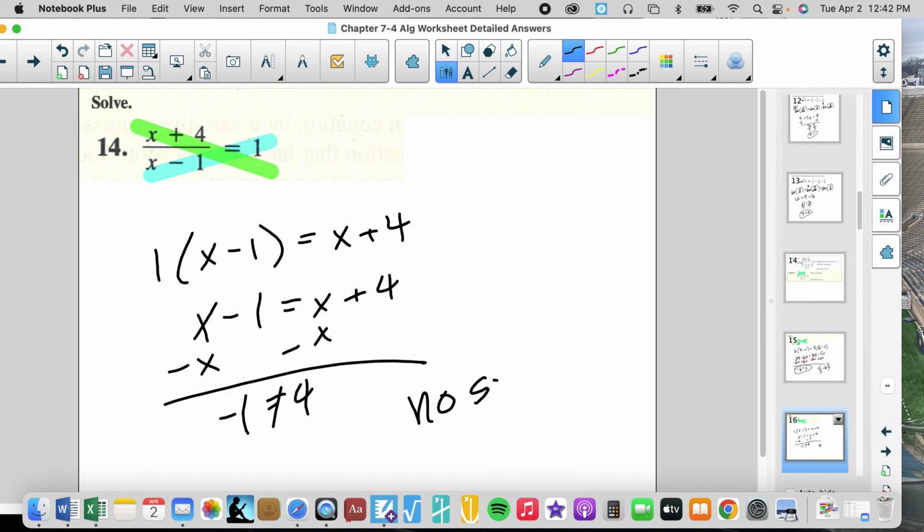And it's no solution because the variables canceled and we were provided a number statement that was false. Since this is false, my variables canceled and we end up with a false statement. We have an answer of no solution. There is no variable that we can plug in that would make the left side equal to 1, is really what that's saying.